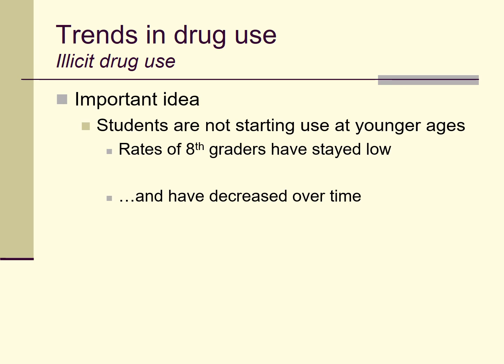The rates of drug use among 8th graders, at least their self-reported drug use, is pretty low, and it's stayed low over time. We don't see increasing numbers or increasing percentages of 8th graders using drugs over the years. That would, if we did see that, indicate that perhaps younger and younger people are trying drugs. That's not what we see in the data that we have from Monitoring the Future.